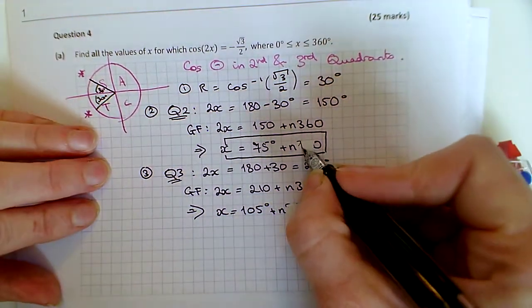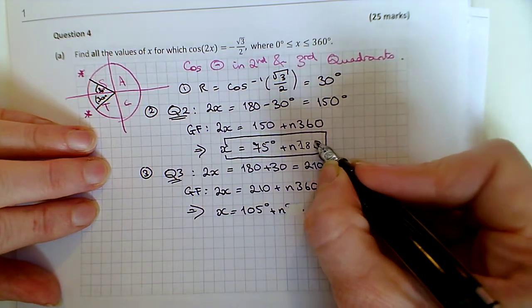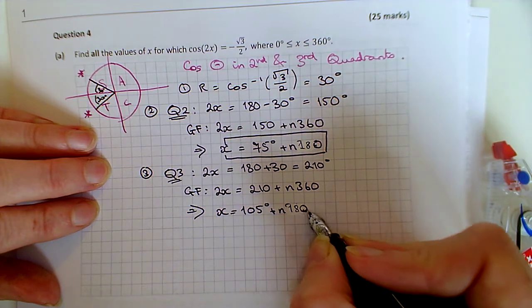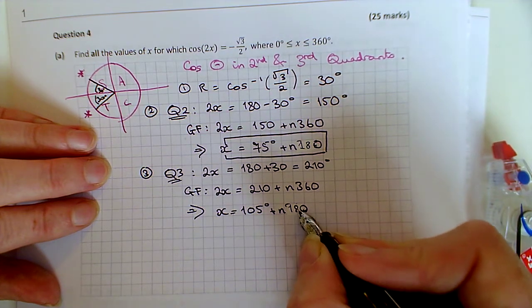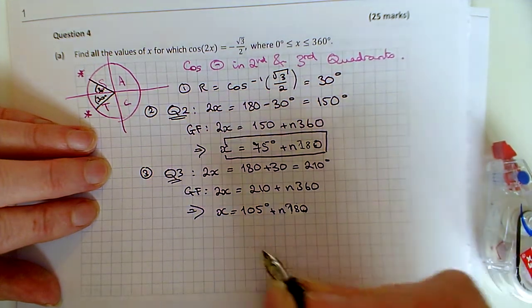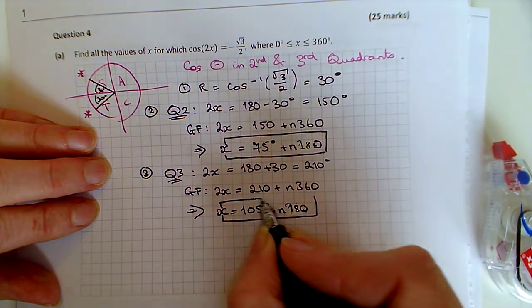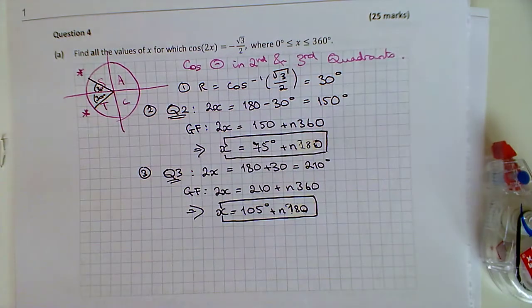So n times 180. If you want to write the 180 in front of n, you can do that as well. This is just a habit that has developed because it's how all the books write it as well. So n times 180 because we divided by 2.